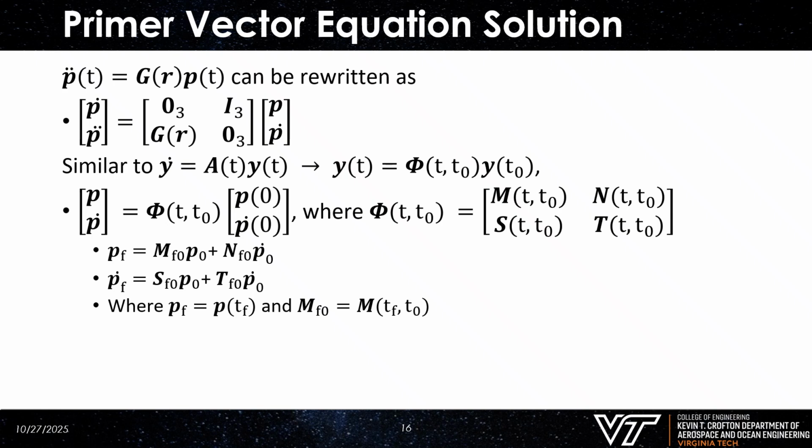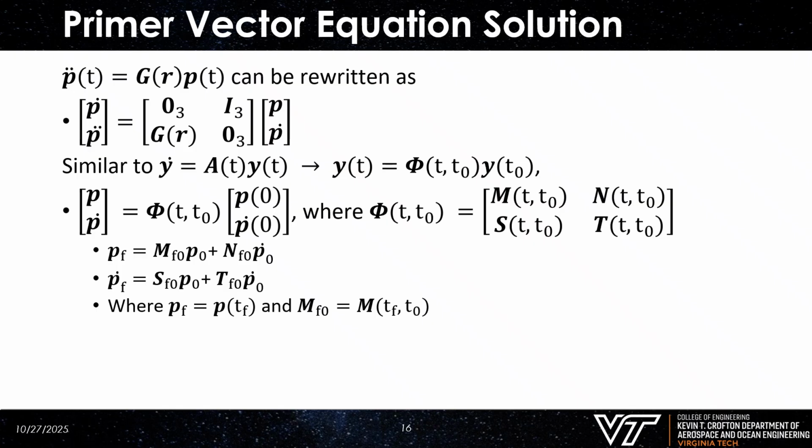So we can define a state transition matrix where we put filler matrices in there, which we're using as M, N, S, T, and we can solve this out and we'll know our P final and P dot final. And those equations are listed there.